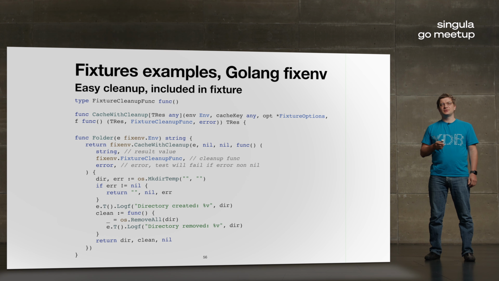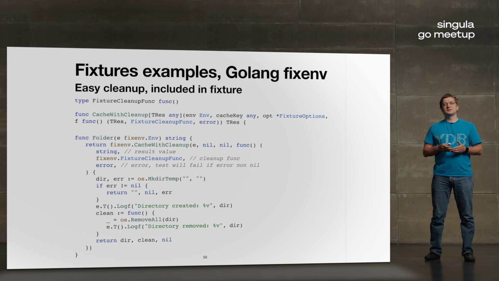Now you can see the source of the folder fixture which was used in our test. It creates a temporary directory and creates a cleanup function. It will be called after the test finished. If something goes wrong, the fixture will return an error and the test will fail.